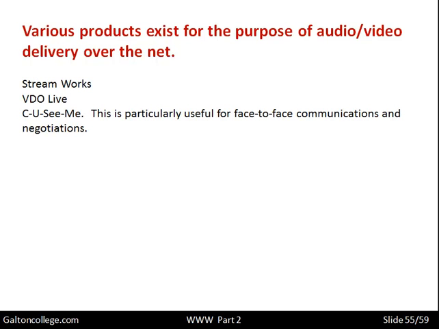Now, there are various products that exist for the purpose of audio video delivery over the net. Streamworks, Video Live, CU-SeeMe, there are many of these. That list we've got there is inadequate by a long shot. There are many, many of them which enable video conferencing, voice over IP, VoIP as it's called.